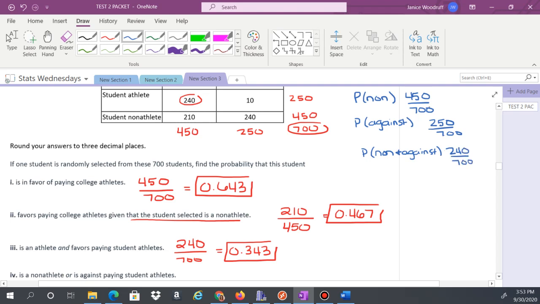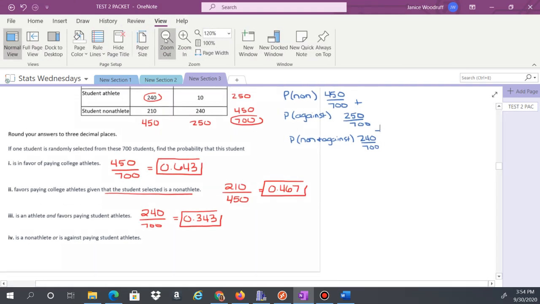Okay, so we're going to add these two, subtract this one. So 450, trying to put it here so I'm running out of room. Let me zoom out. Hold on. There we go.